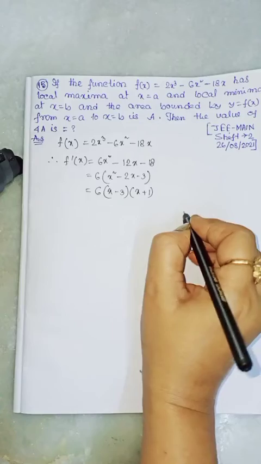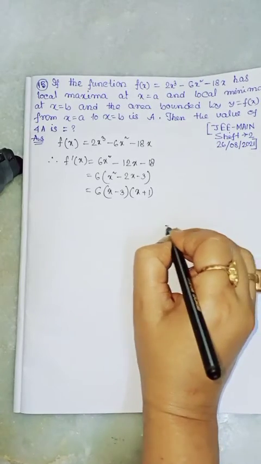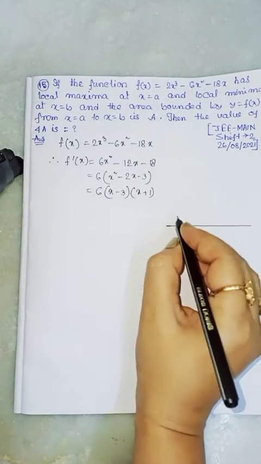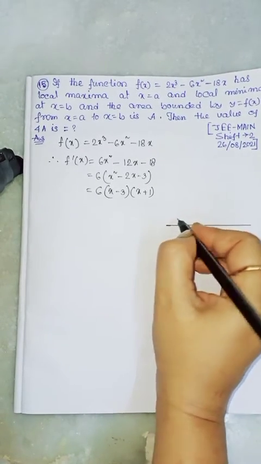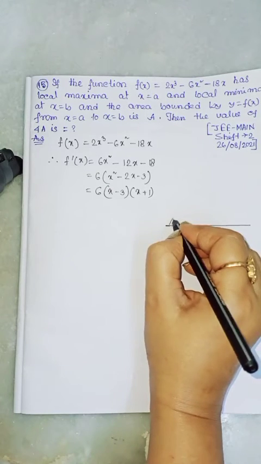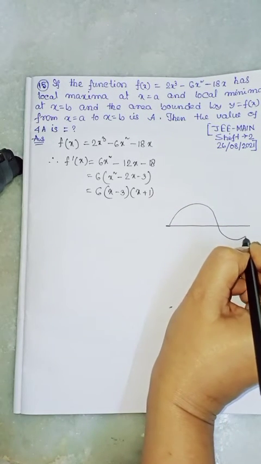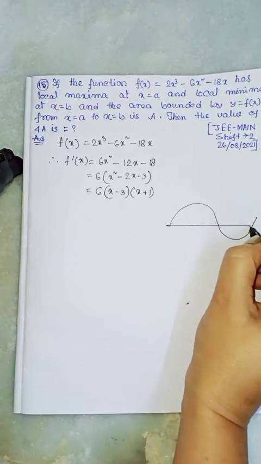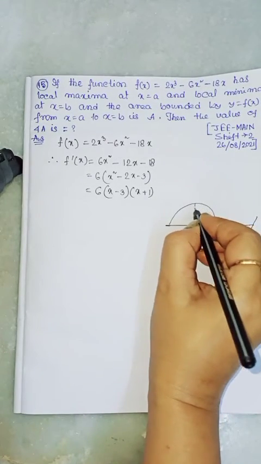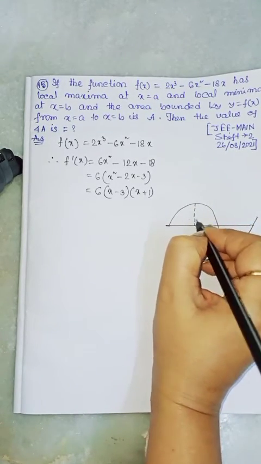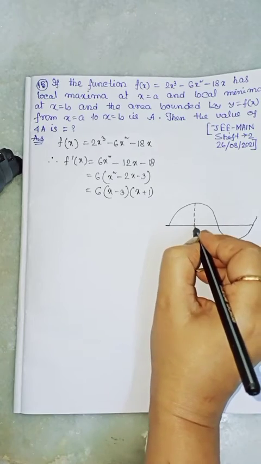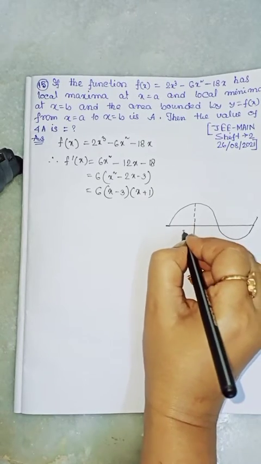So now this is our y axis and x-axis, so the curve becomes just like this. So this one is the curve and here is minus 1.